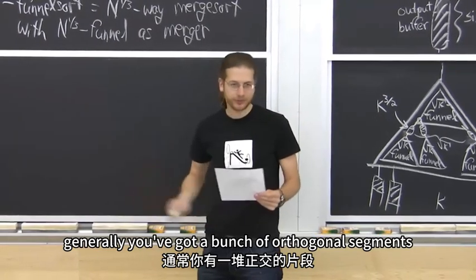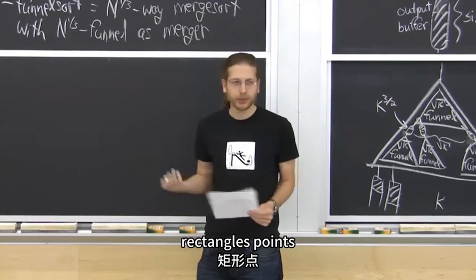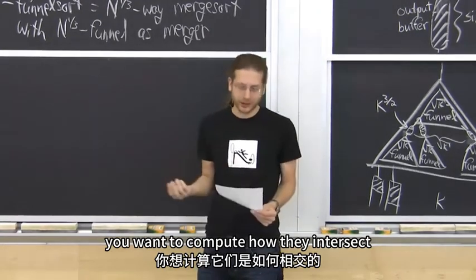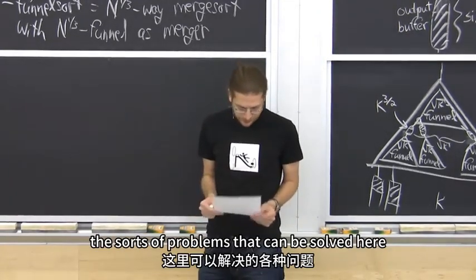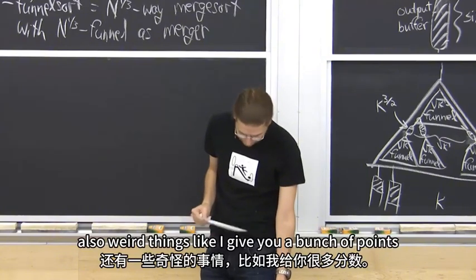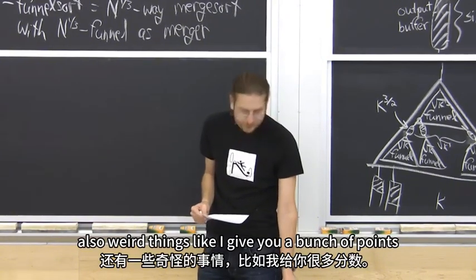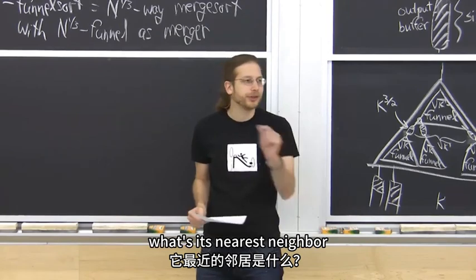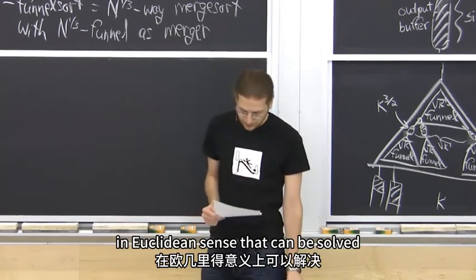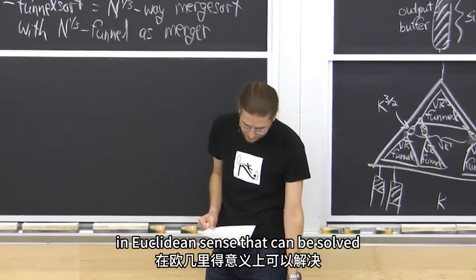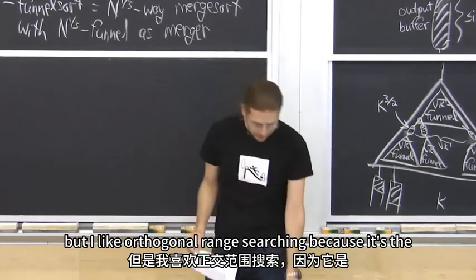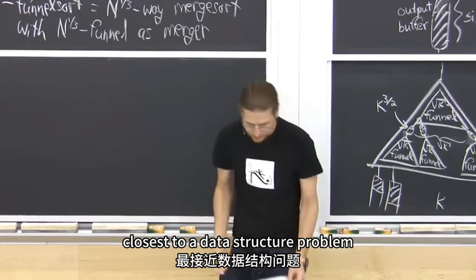Generally, you've got a bunch of orthogonal segments, rectangles, points, and you want to compute how they intersect. Those are the sorts of problems that can be solved here. Also weird things like I give you a bunch of points and I want to know for every point what's its nearest neighbor in the Euclidean sense. That can be solved. But I like orthogonal range searching because it's the closest to a data structure problem.